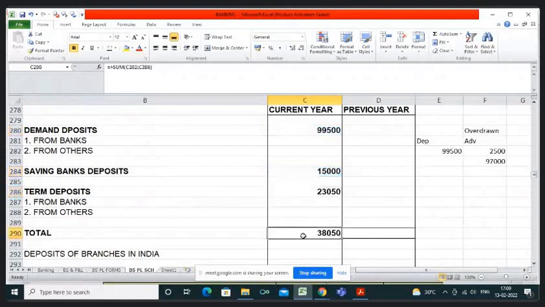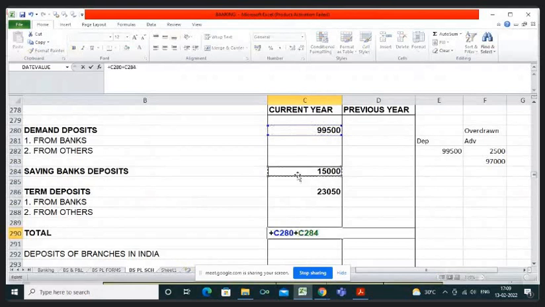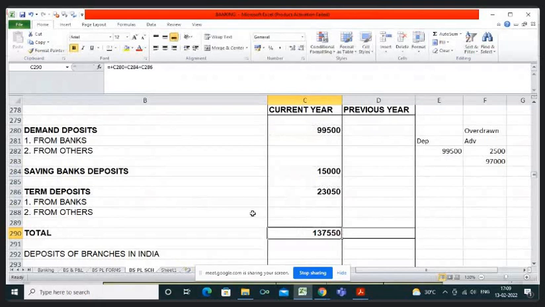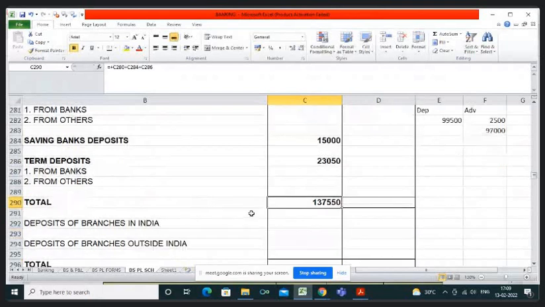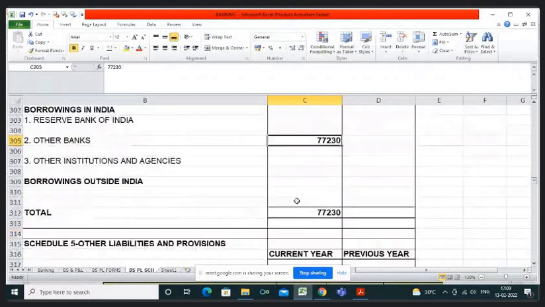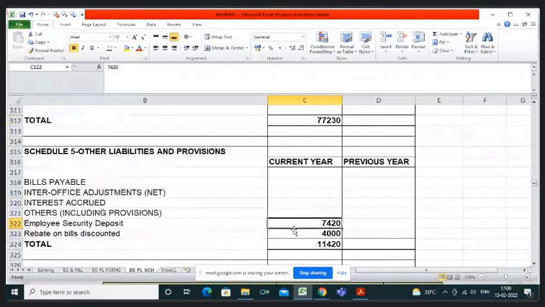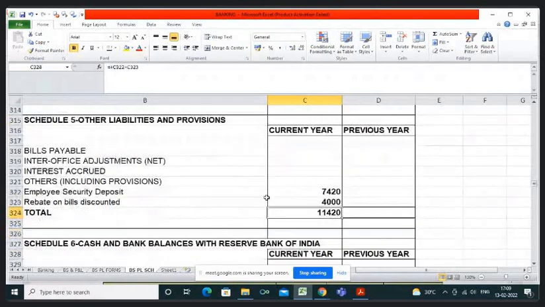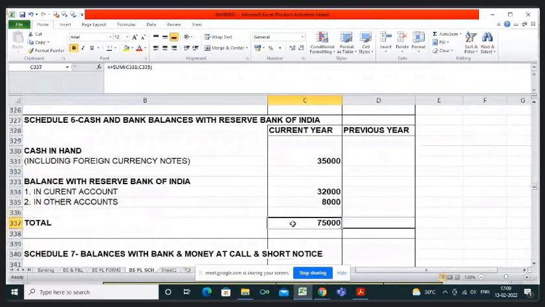So this total I have to change: 99,500 plus 15,000 plus 23,050. It is 137,550. Then borrowings. There is only one item of borrowing, 77,230. Other liabilities and provisions. There are two items. Employee security deposit, rebate on bills discounted. Total is 11,420.